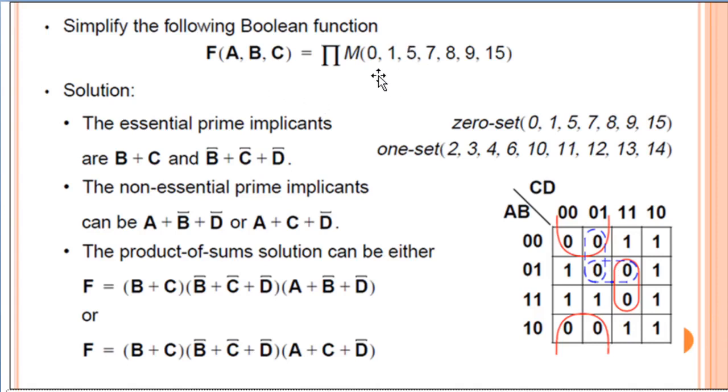Here we have the max terms of that particular function as 0, 1, 5, 7, 8, 9 and 15, and we have to fill these. We will fill these max terms into this K-map and then do the grouping.